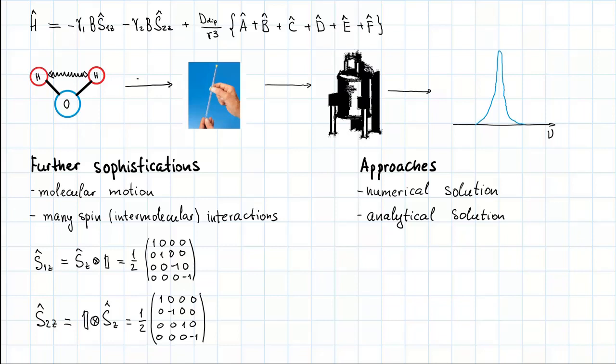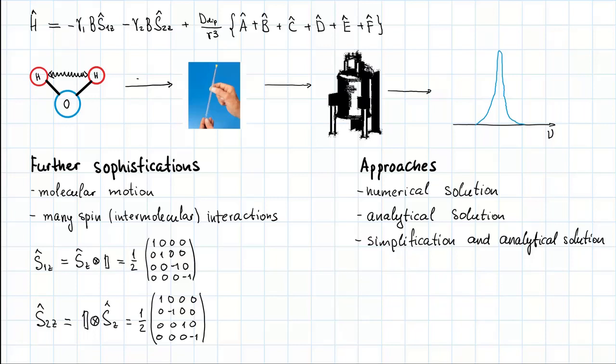Another approach is to make some Hamiltonian simplification which allows us to obtain some vivid solution for the energy levels and wave function, and later clarify how this solution is suited to describe the behavior of real spin systems.